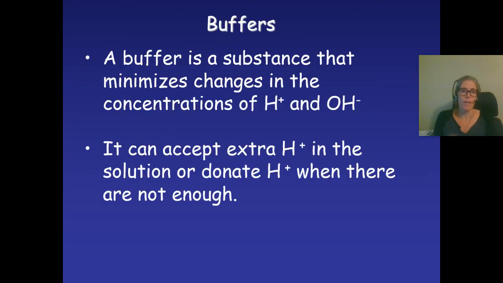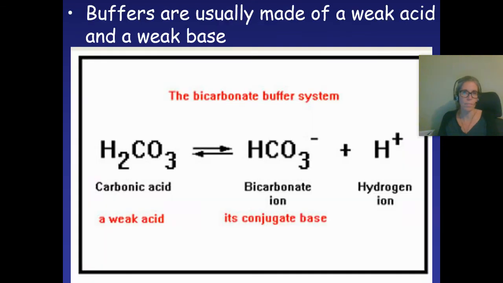Awesome. Okay, finally, a buffer is a substance that minimizes changes in the concentration of hydrogen and hydroxide ions. It can accept extra hydrogens in the solution or donate hydrogens when there are not enough. So I'm going to give you an example of that. Buffers are usually made of a weak acid and a weak base, the conjugate base. So here's carbonic acid. It happens whenever you have carbon dioxide in water, right?